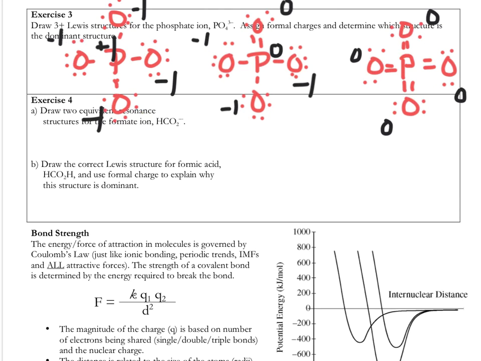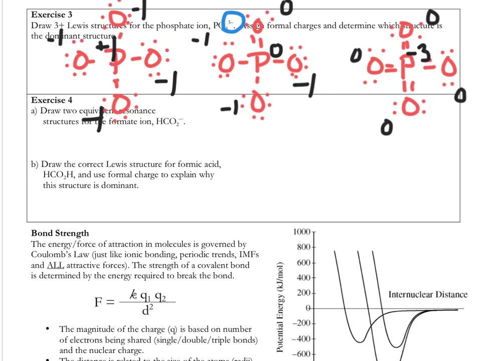So you think that's great. Tons of things have 0. But our phosphorus here has 1, 2, 3, 4, 5, 6, 7, 8. But it only brought 5. It has a formal charge of -3. So all of these add up to -3, because the charge on the ion is -3.